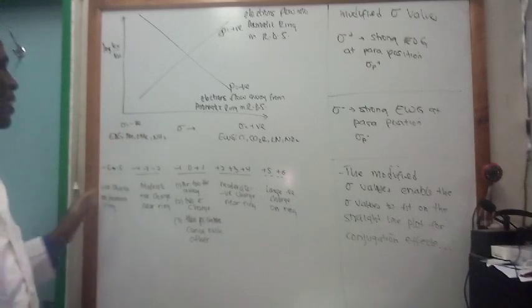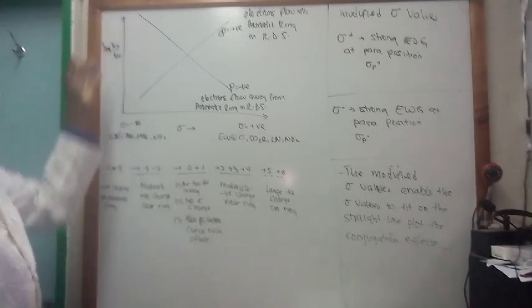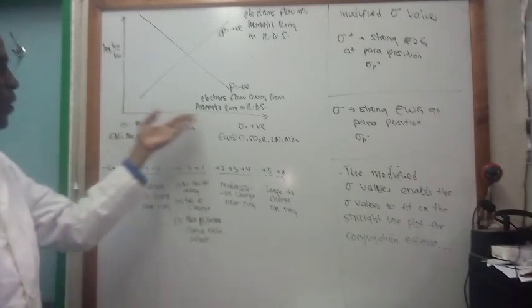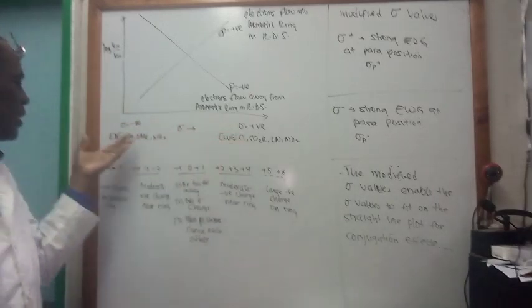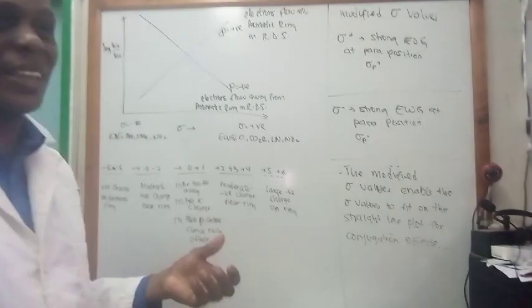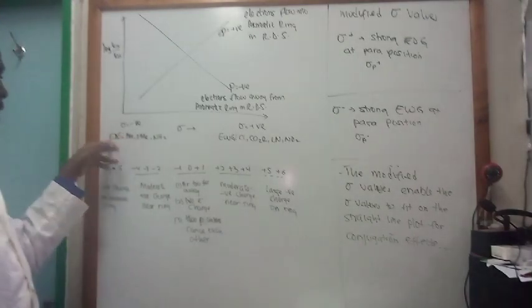In the plot, the rho can be negative, and in the negative, it means that the electron donating groups are the ones which give a negative rho.